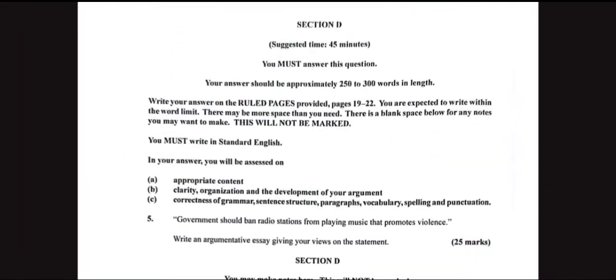Section D. Section D is our, and I'm so glad to see this particular word finally listed in the exam paper. Oh, by the way, I'm using Jan 2024 as a guide for this. It is our argumentative section, not our persuasive, argumentative. All right.